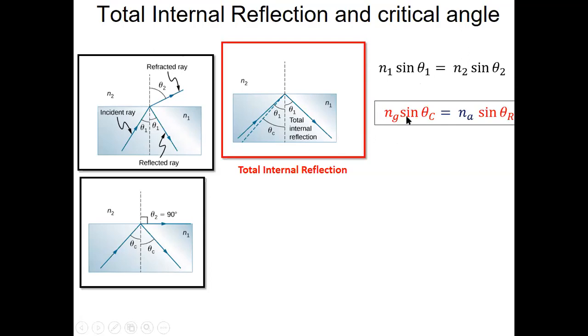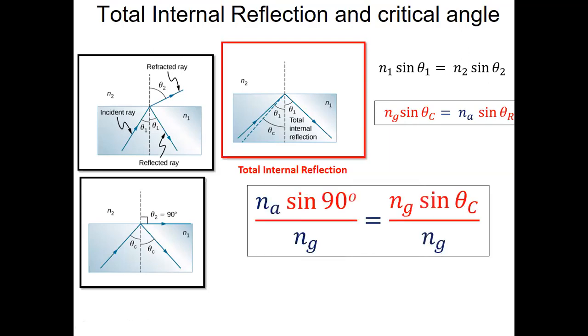So Ng times sine theta c is equal to the refractive index of the second medium, which is Na, air. That's going to be 1, times the sine of the refraction angle, which is 90 degrees. The nice thing about 90 degrees is that sine 90 is 1. I'm not going to rush to plug in the numbers here. I'll keep the symbols.